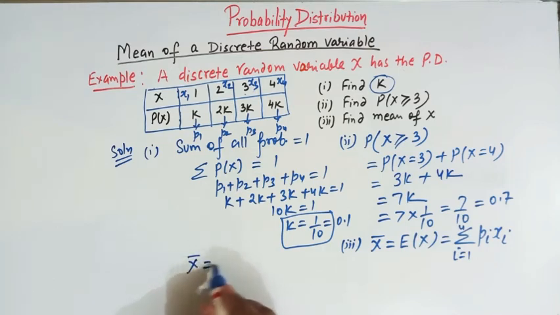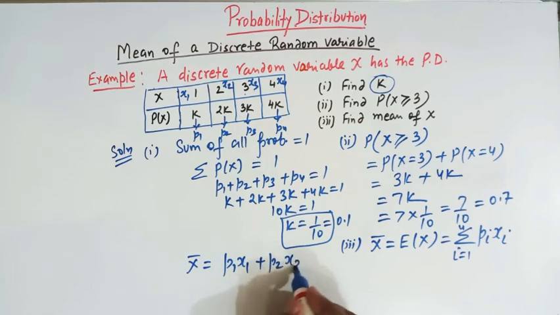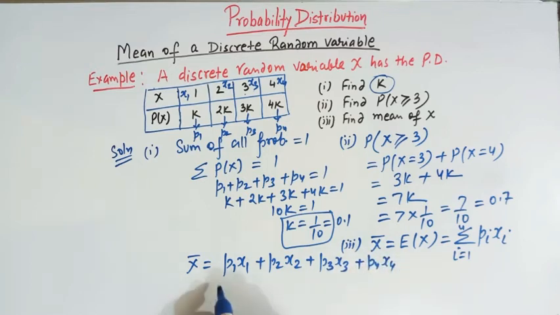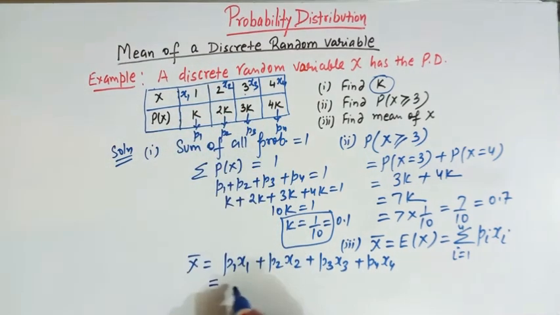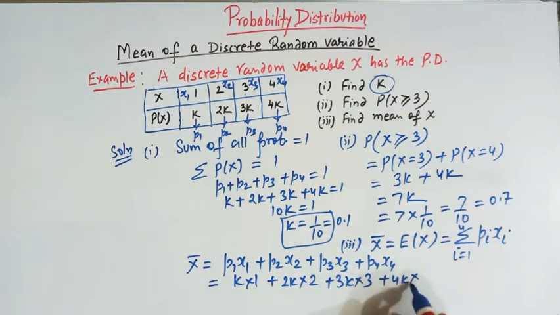And the mean is p1 x1 plus p2 x2 plus p3 x3 plus p4 x4, right? And p1 x1 is k times 1, then we have 2k times 2, then we have 3k times 3 plus 4k times 4, and this is k plus 4k plus 9k plus 16k, right?